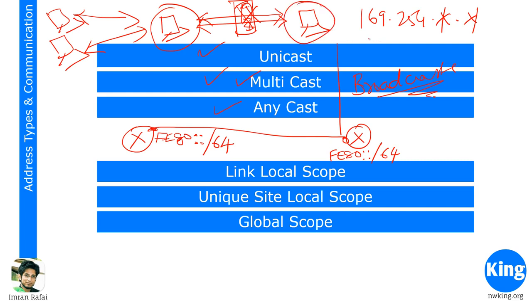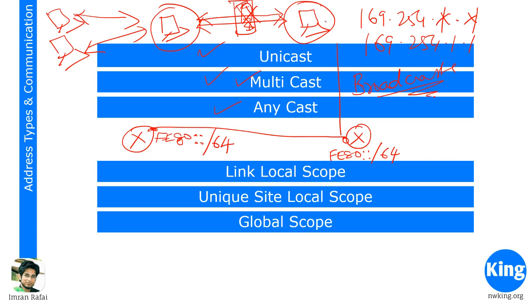It gives itself a random IP address. Let's assume it gives the same IP address 1.1, and it sends an ARP request on the network, a broadcast asking, is there somebody with this IP address 169.254.1.1? And this device will say, yes, I am 254.1.1.